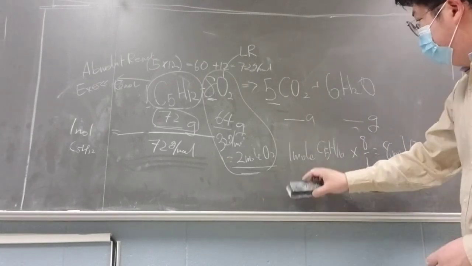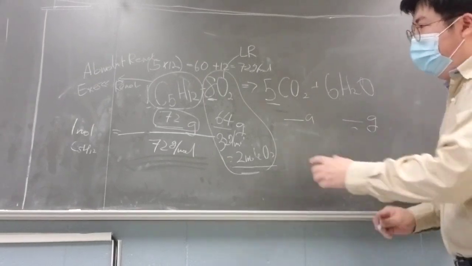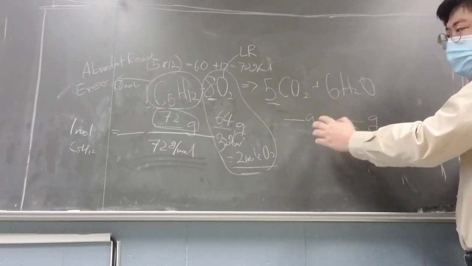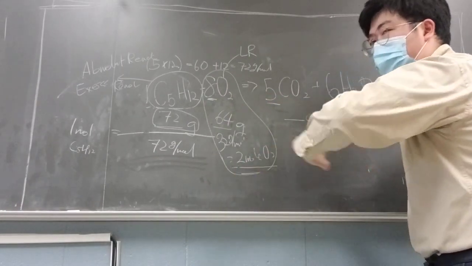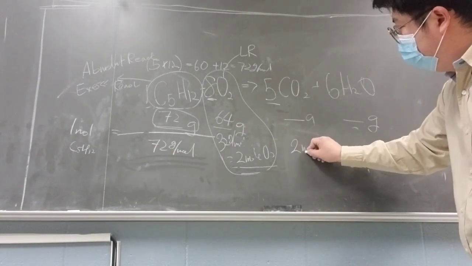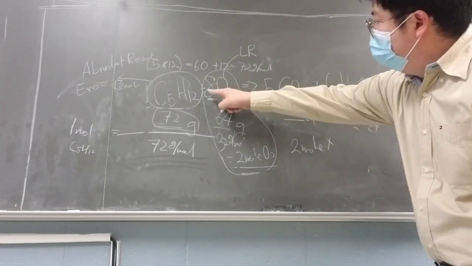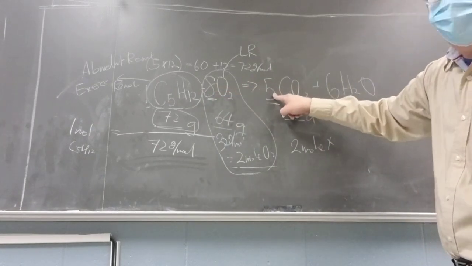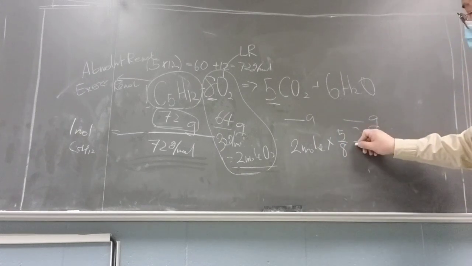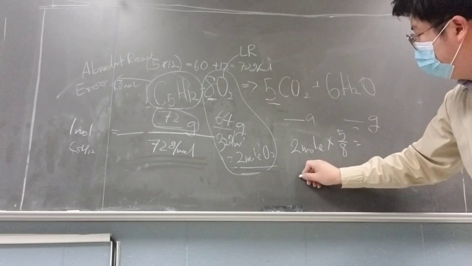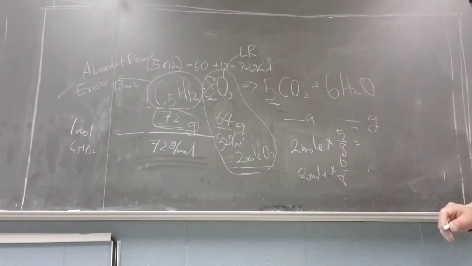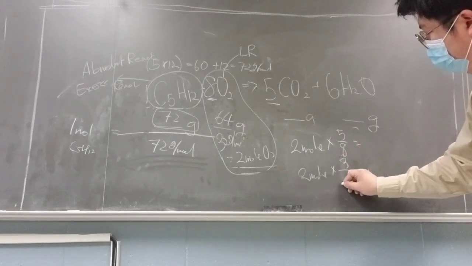And then think about it. If 8 comes in, there'll be 5 carbon dioxide and 6 water. And you know 2 moles of O2 will be all used up. Then you go from here to here, right? So it'll be 5 over 8. And this is here to here, right? It will be 2 moles times 6 over 8, which I think is 3 over 4.